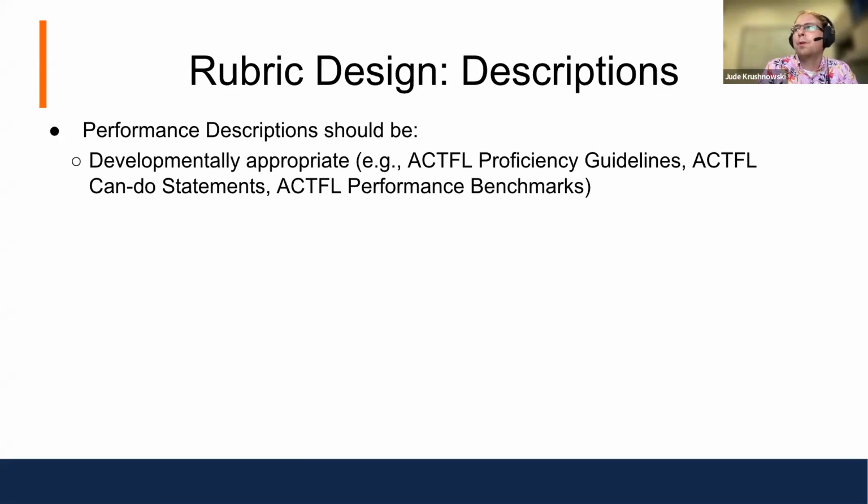We want them to be based on guidelines that are developmentally appropriate. So we're not telling students at the novice level that they should be writing paragraphs, for example, for their text type. We also want them to be observable, that we can see in their language, that we can see in their writing, that we can point to and say, here's what you did, here's how you can improve. I like this aspect of your work.